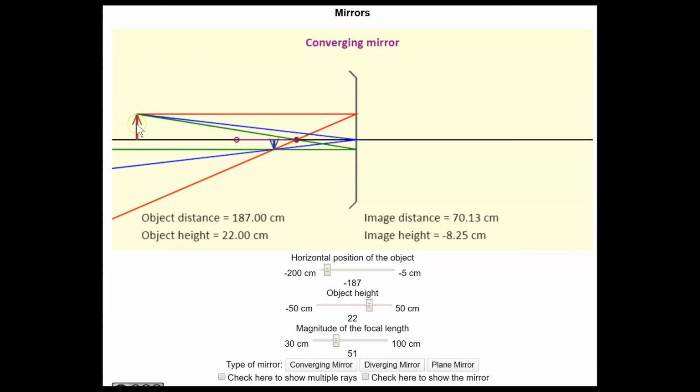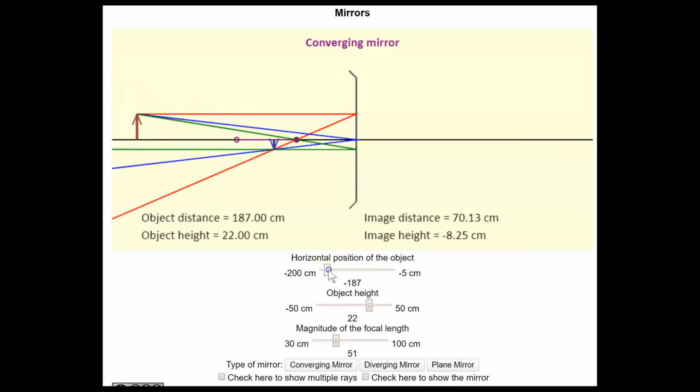So if the object is outside of 2F, the image is going to be smaller, but you could see that as opposed to lenses, the image is going to be real if it's on the same side as the object, which is just the opposite of a lens.